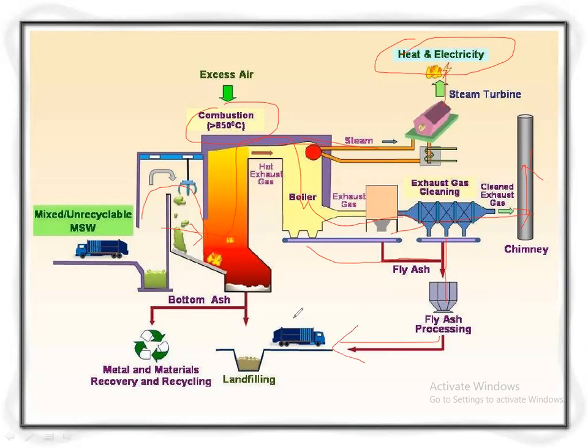Here also, after combustion of the solid waste, the bottom ash that is collected, ते पुढे लँड फिलिंग साठी ते पाठवलं जातं. Landfilling is done in this stage, and from this ash, metal and materials recovery and recycling is done. The metals and materials ते रिकवर केले जातात. They are recycled and recovered.